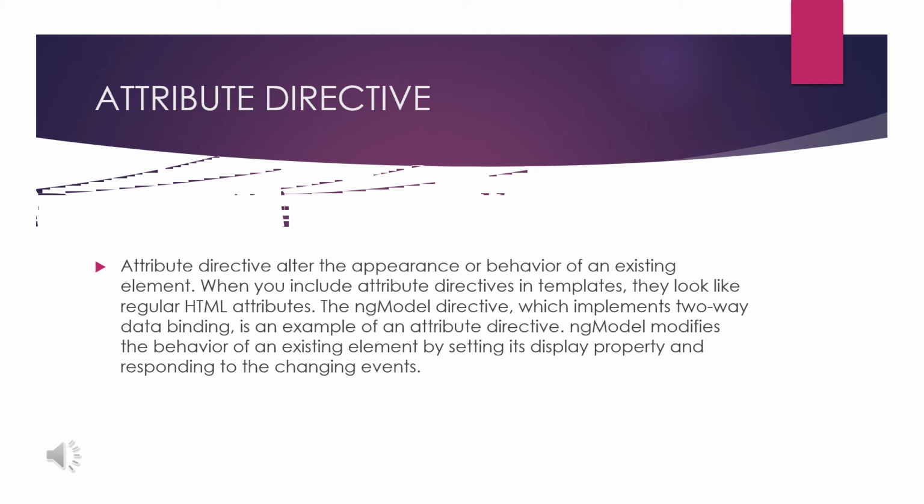I already told you an attribute directive is like a paragraph element with id equal to 1, where id is the attribute name and 1 is the attribute value. In an attribute directive it works the same way.